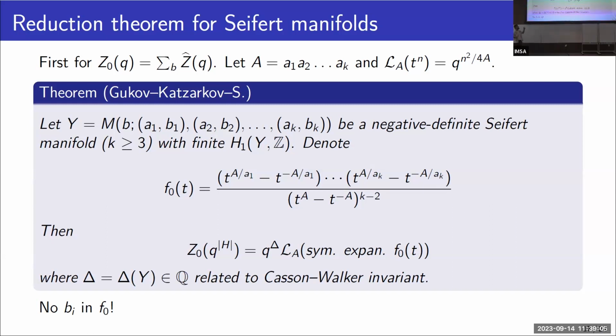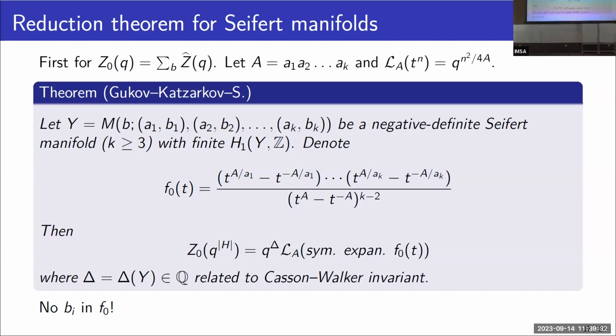They're not in the function F0. And this is related to the fact that we are looking at Z0, the sum over all b's. Oh, sorry. I'm using b for spin C structure and also for the Seifert invariant, so don't get confused by that. We are doing a sum over all spin C structures, and we lose the dependence on the b_i's.